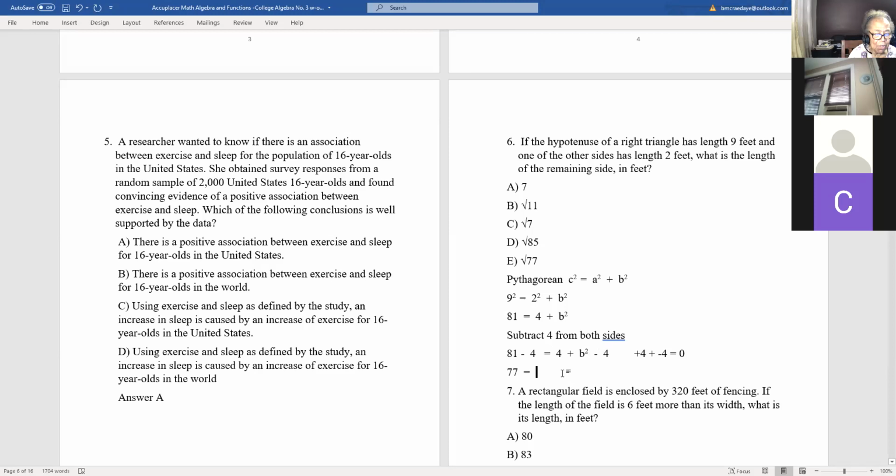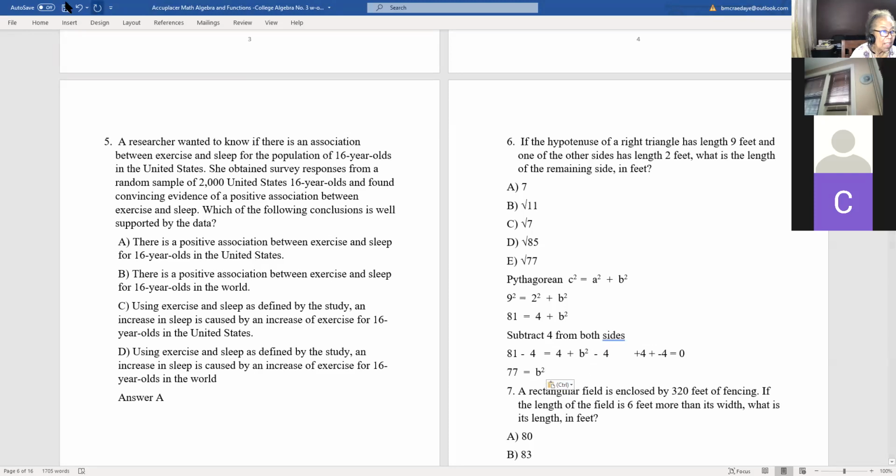So what do I have left on the right side? Just the B squared, right? This is all I have left. Sometimes people like to say they cancel out, but they actually add to 0.